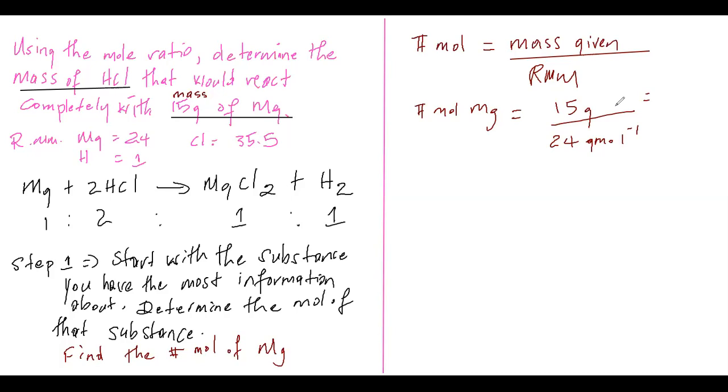We work out how many moles we have. So 15 divided by 24 would be 0.625 moles.